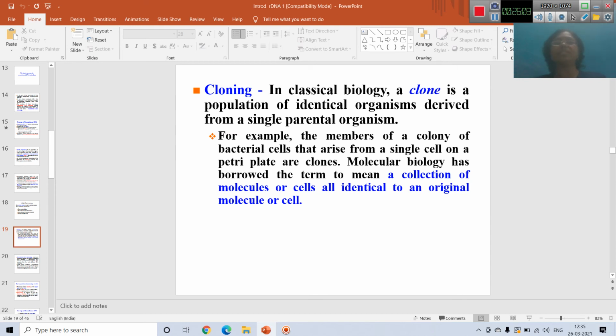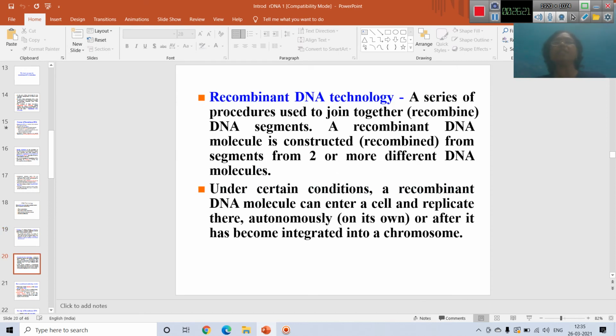So it is a collection of molecules or cells all identical to an original molecule or cell. Clone means it is a collection of molecules or cells which are all identical to an original parent cell or molecule.